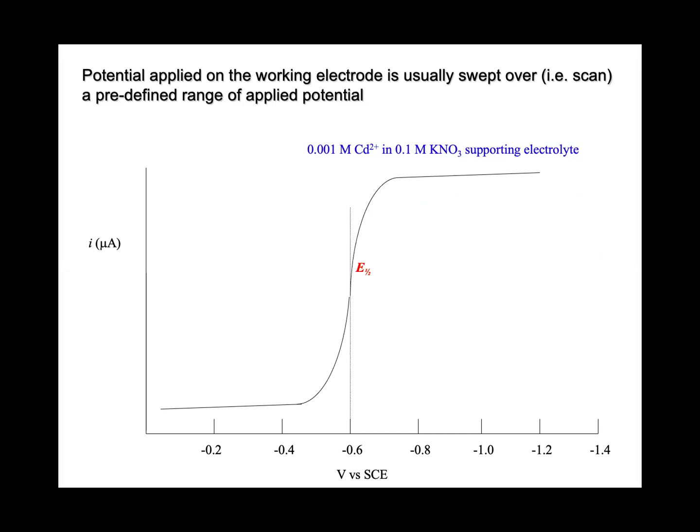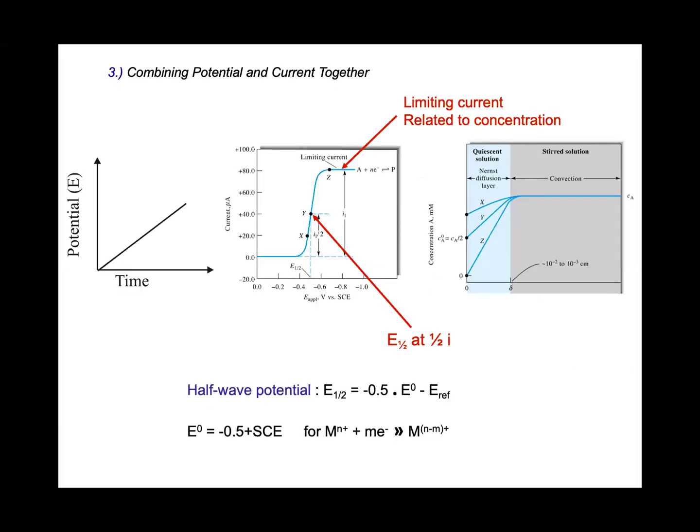So these are two very important parameters in voltammetry: half-wave potential and the limiting current. Limiting current will determine the quantitative part, the concentration of the cadmium 2 plus, and half-wave potential is the qualitative. As I mentioned, it's not accurate, but it can be an indication of what species you have inside the beaker.